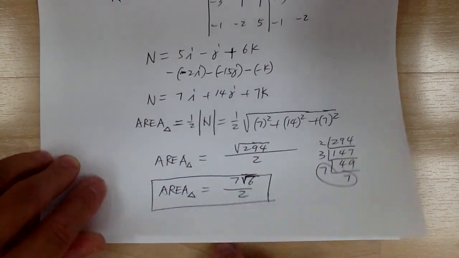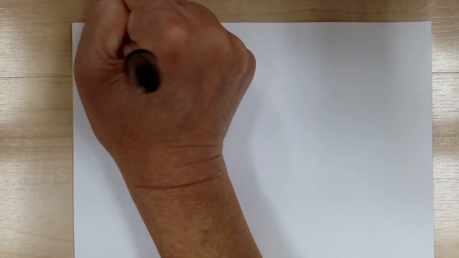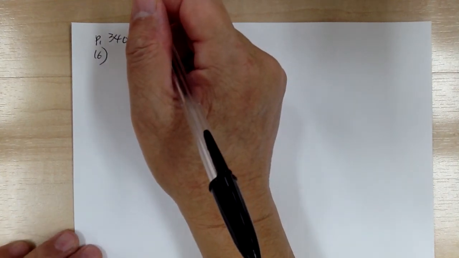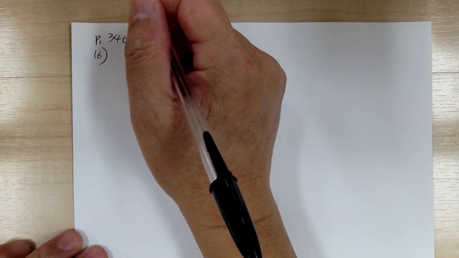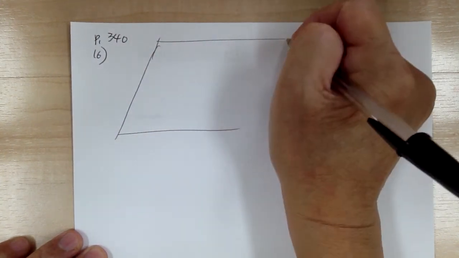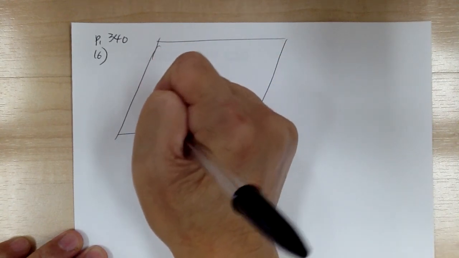Okay, let's go to number 16. Okay, number 16, you write the equation of the plane that passes through 3 points. So you have this plane over here, and you've got 3 points.